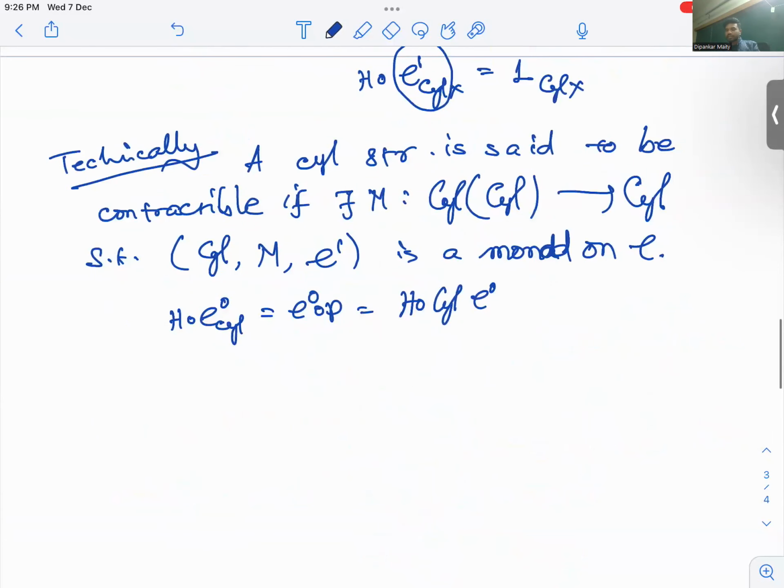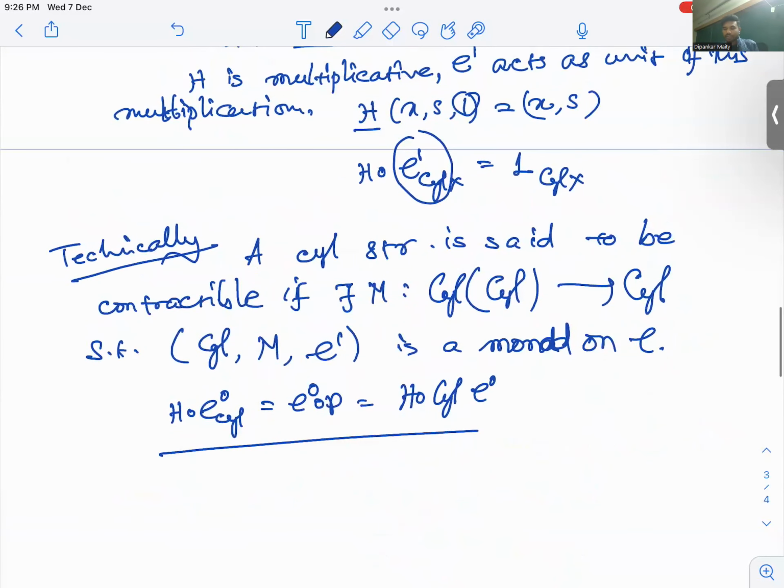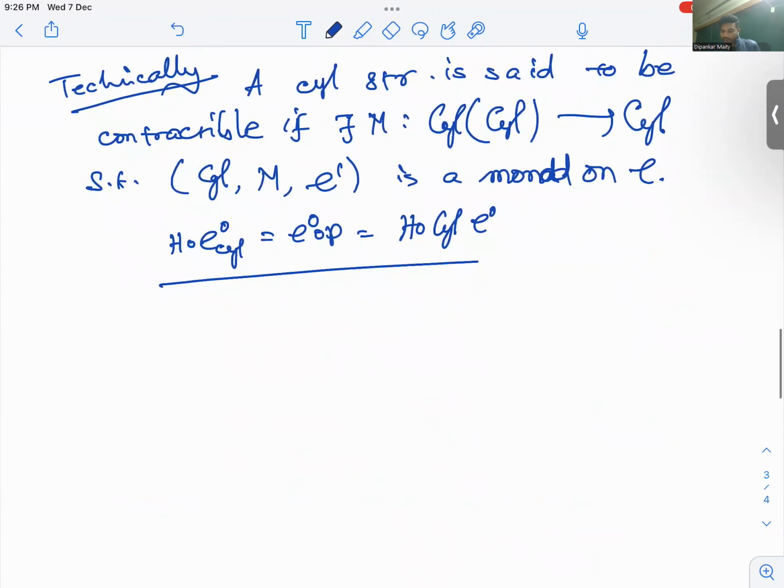So this is the technical part, but all that is happening is I'm trying to mimic a topological concept as well as the algebraic aspect of the cylinder. So a cylinder is contractible if it has a monad structure on the right-hand inclusion, which is to say that the right-hand acts as the identity of this multiplication, whereas the left-hand acts as the zero of this multiplication. These are the two identities for zero.